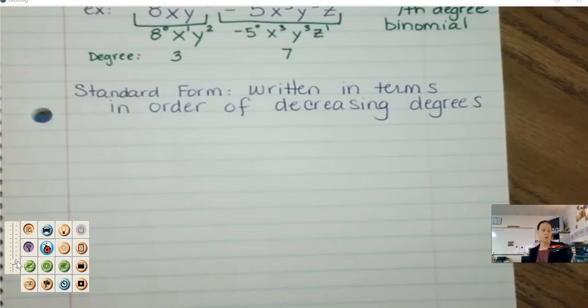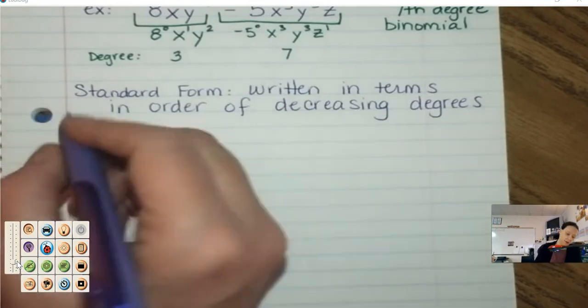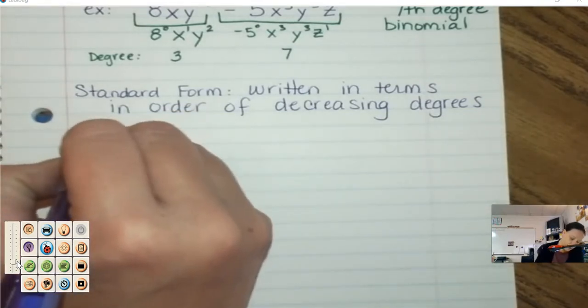The last vocabulary word is leading coefficient.